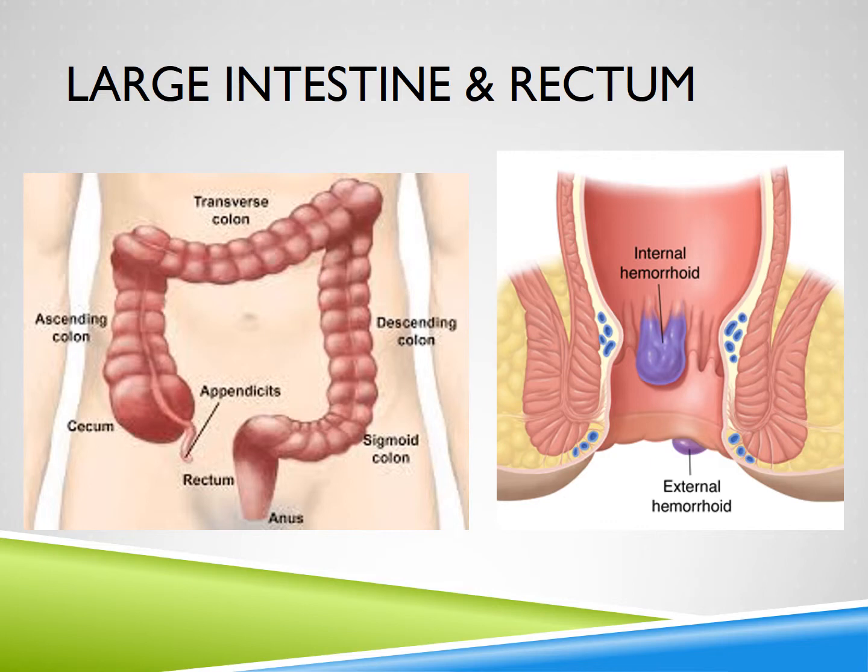You will go into the transverse colon, which moves across over to the left side of the body, and then you will notice that the descending colon goes down toward the bottom of the body, and it would go into the sigmoid colon, and then we have the rectum and the anus. And if you look at the next image on this slide, you will see internal hemorrhoids and external hemorrhoids both.